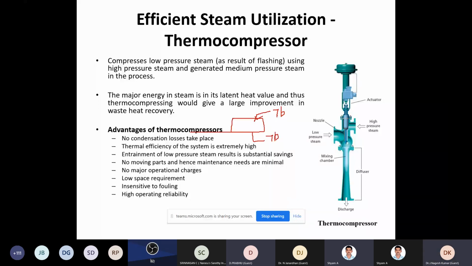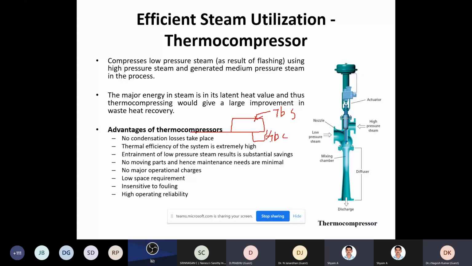So 7 bar steam here, 7 bar condensate here. Now, as the condensate comes out at 7 bar, the water temperature will be around 160, 165 like that. So water at 165 cannot remain like that. So some portion of the water will flash into steam.